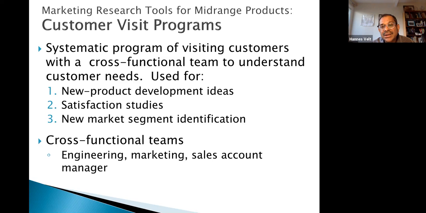So that is a similar type of observation. You can go into customers' homes, or you can invite the customers to come to a lab or a central place, and you can observe consumers using this technology.